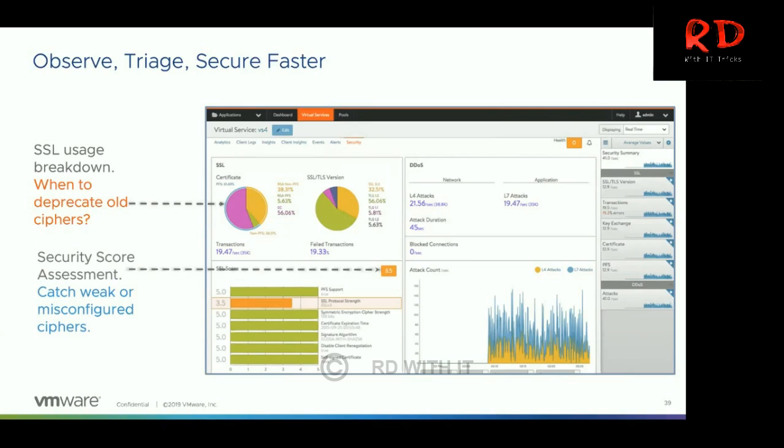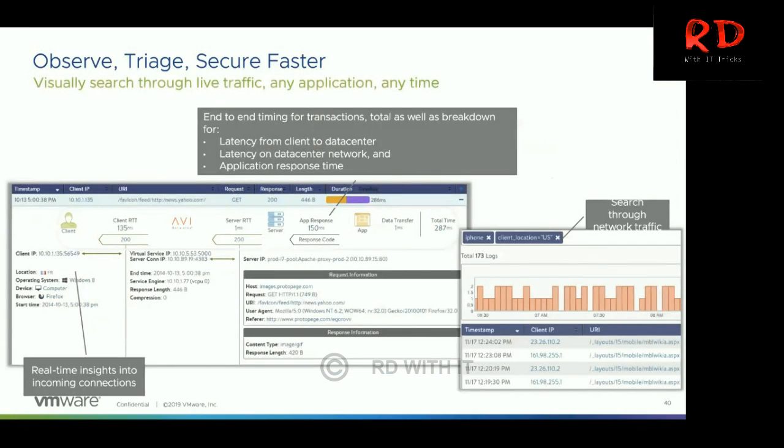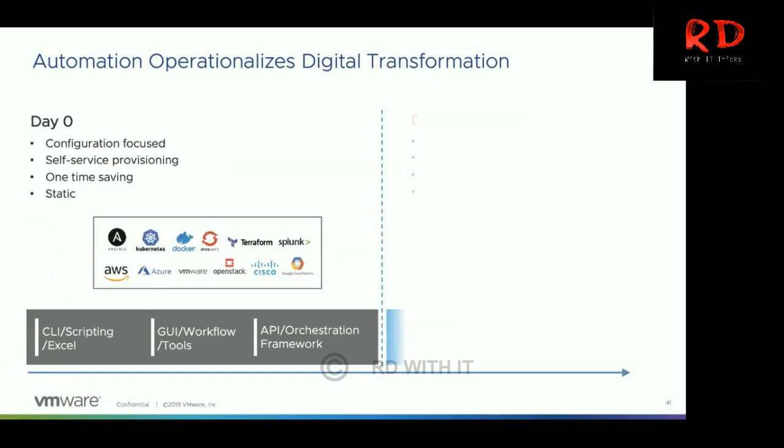And we can just overall give you a security assessment score. So you can take a look and be like, okay, this is not the best. Let's look into it. Maybe we need to upgrade the ciphers on some of our applications. This one I'll go through a live example to show you how this works in terms of troubleshooting a problem.